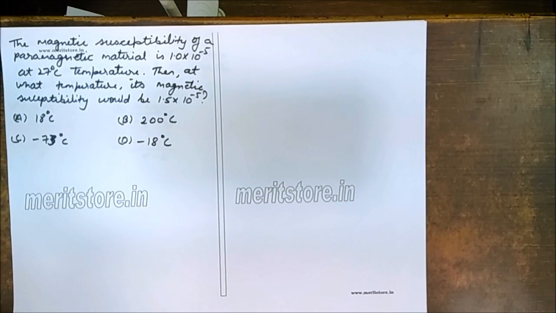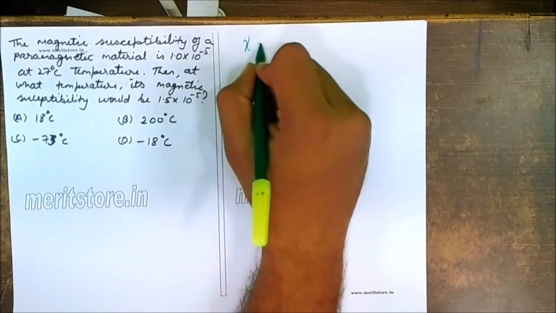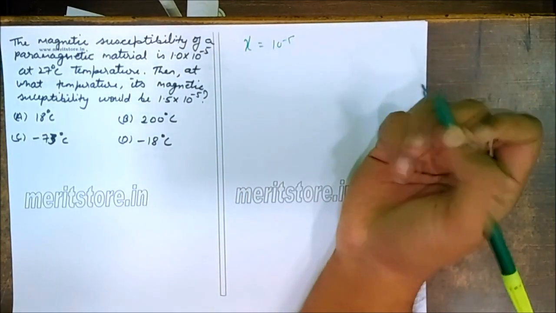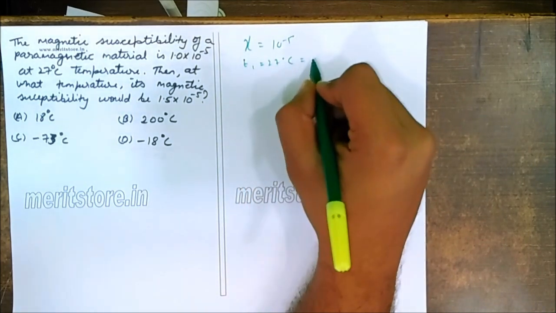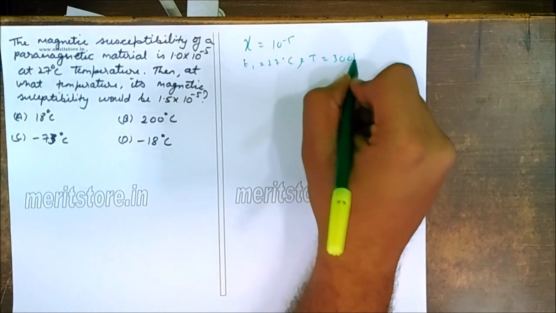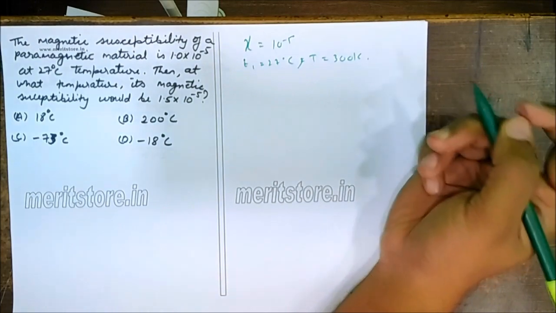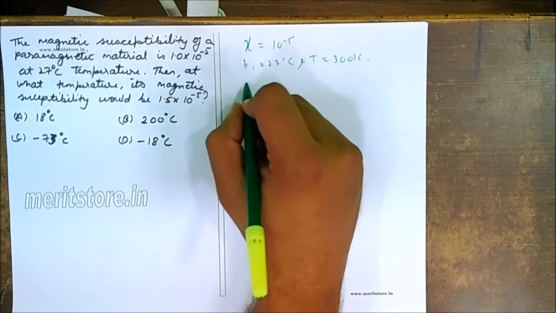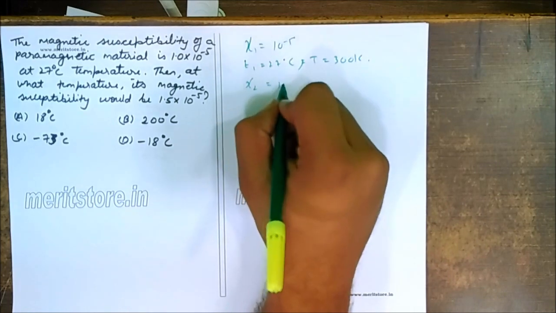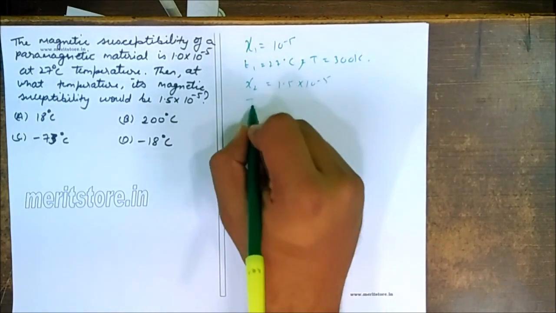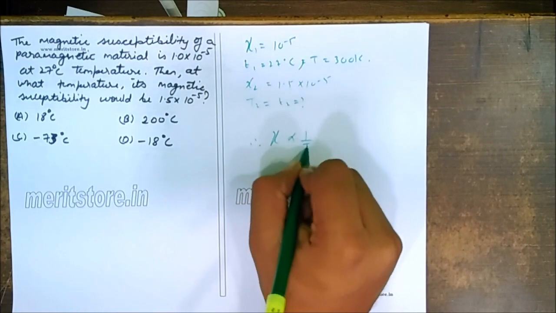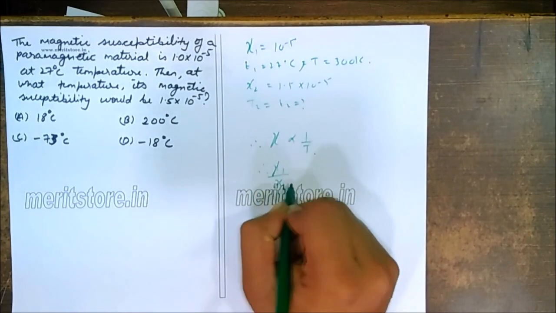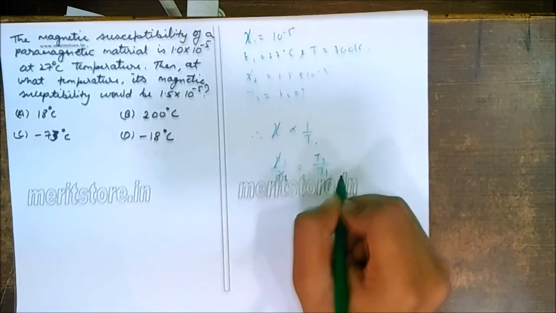We have the magnetic susceptibility of a paramagnetic substance as 1 into 10 raised to minus 5 at 27 degrees Celsius. So T1 is 27 degrees Celsius, that is T1 equals 300 Kelvin. At what temperature will its magnetic susceptibility be 1.5 into 10 raised to minus 5? So chi 2 is 1.5 into 10 raised to minus 5, and T2 has been demanded. Chi is inversely proportional to T. So chi1 upon chi2 equals T2 upon T1.